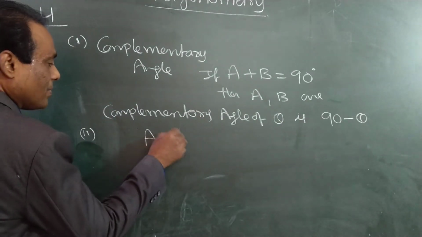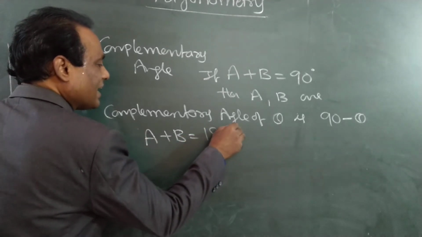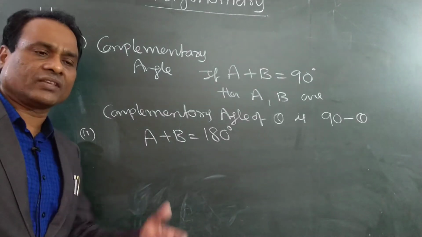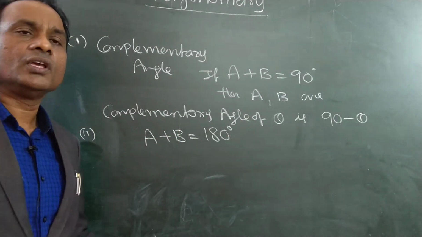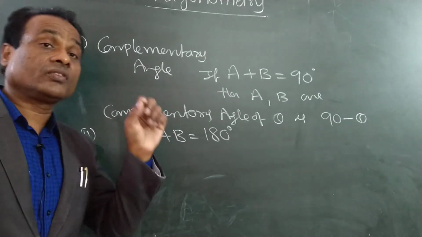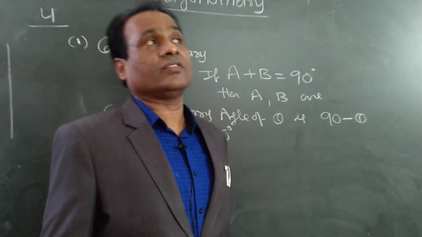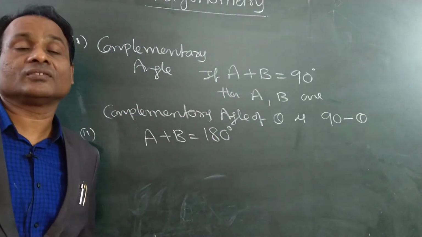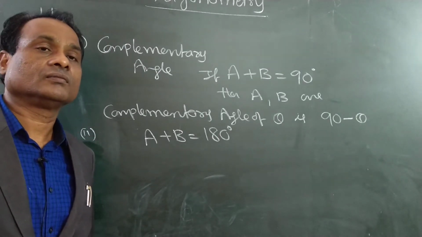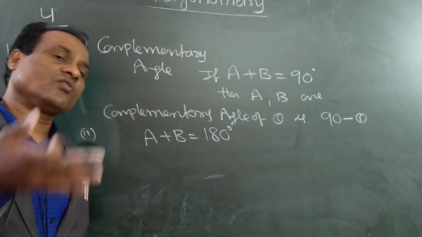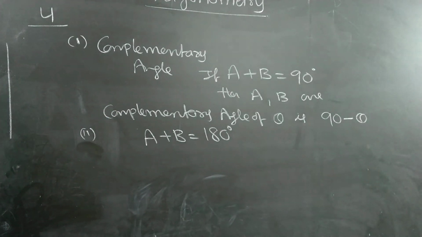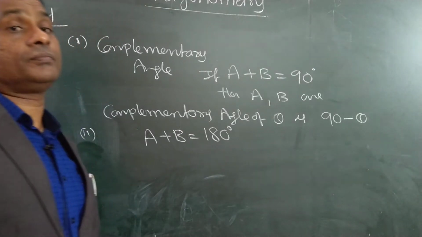Next, if sum is 180, then they are called supplementary angles. This concept we don't have in our syllabus, in our chapter, but you write this also. If sum of two angles is 180 degrees, then one is called supplementary angle of the other.